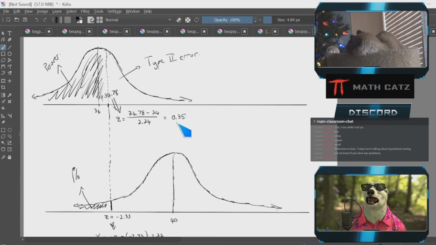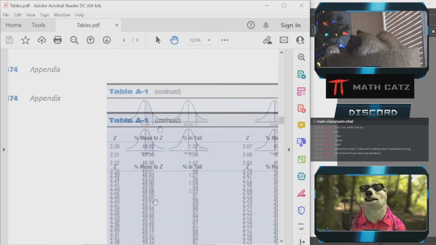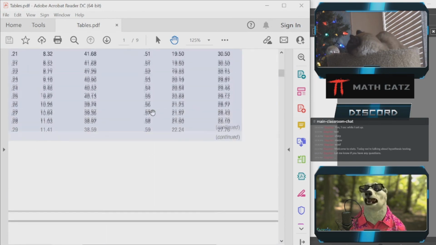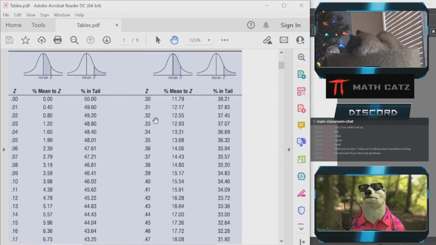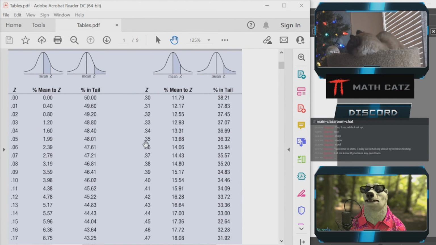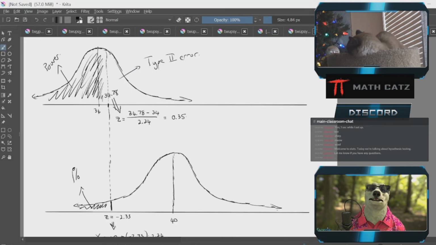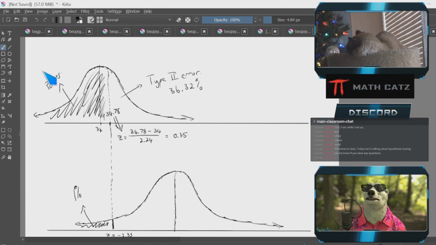So I'm looking at a z-score of 0.35. I think I'm going to have to go way up for that. Well, not way up. 0.35 sits over here. And I get in the tail 36.32. So that's going to be 36.32%. And therefore the power is just 100% minus that.